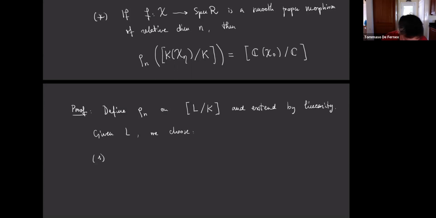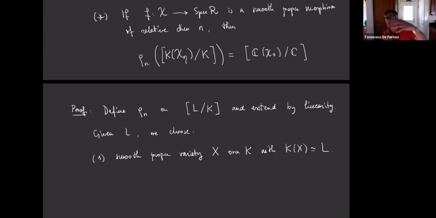First thing, I want to choose a smooth proper model, so a smooth proper variety X over K with function field isomorphic to L.